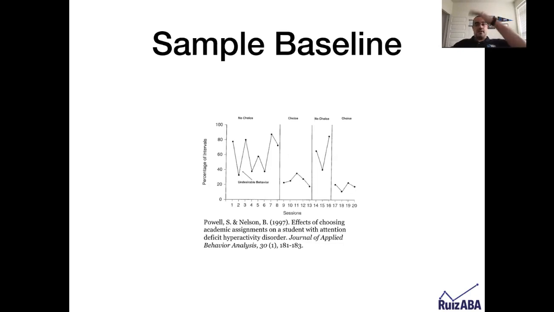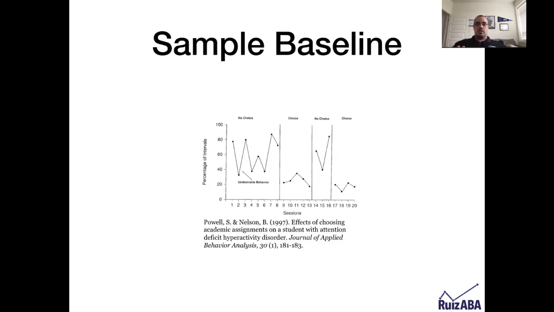It's bouncing up and down a lot in that first no choice phase. It's also pretty lengthy, 8 sessions of baseline data according to the graph. So that meant there were some inconsistencies they needed to figure out. They were looking to reduce the percentage of intervals where undesirable behavior occurred. But they have enough baseline data there to make a determination that the choice condition was effective.